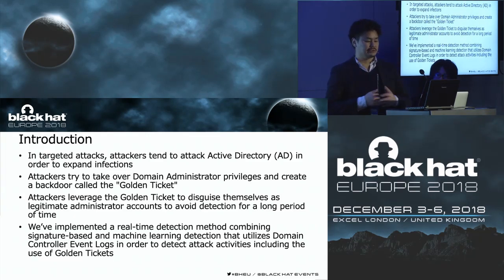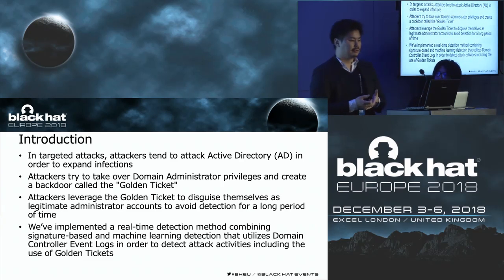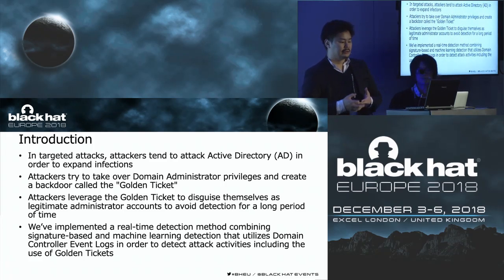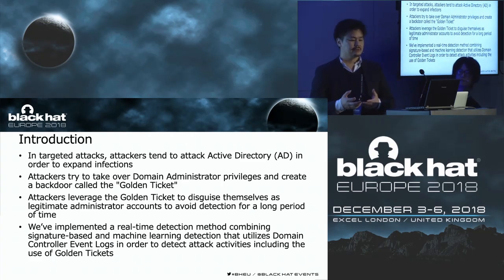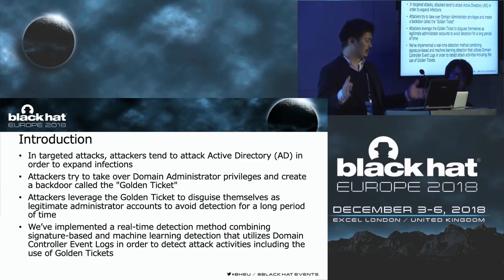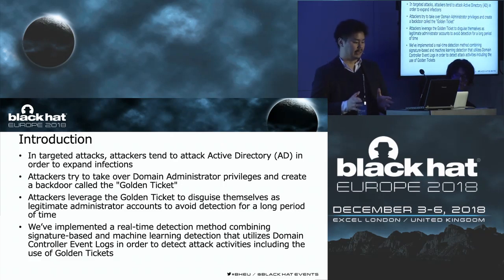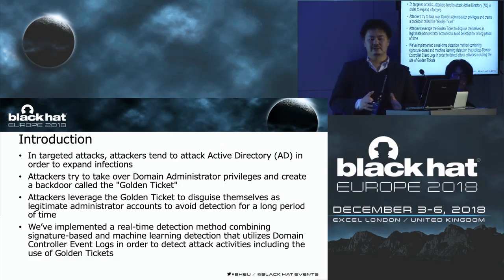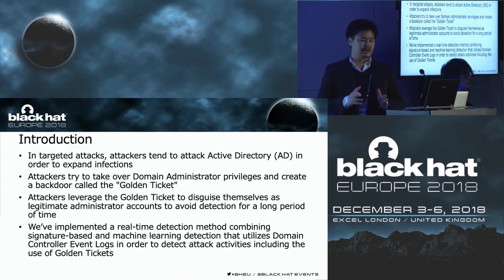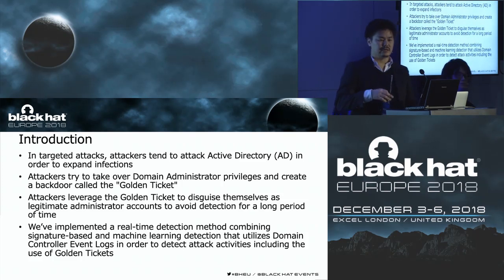As an introduction, in targeted attacks, Active Directory tends to be a target for attackers, because if they get a domain administrator account, they can control everything inside the AD environment. And after they obtain an administrator account, sometimes they create a backdoor called a golden ticket.